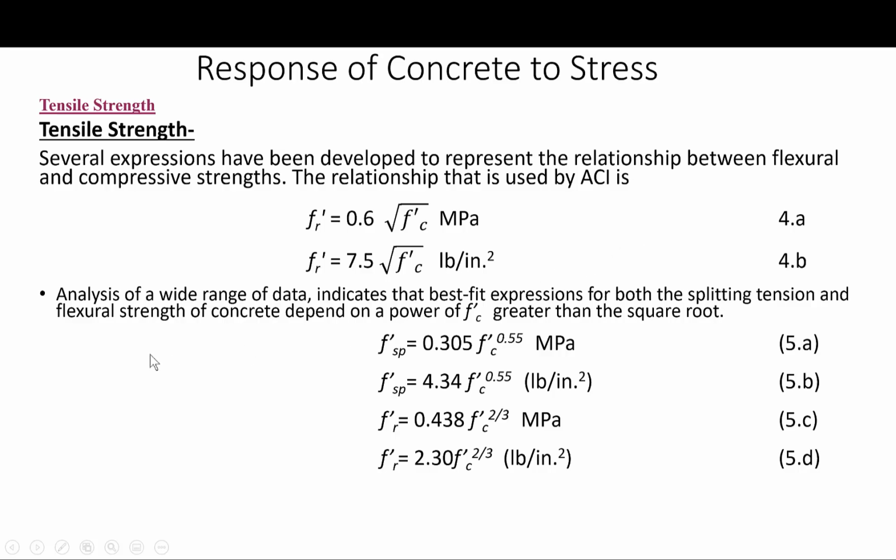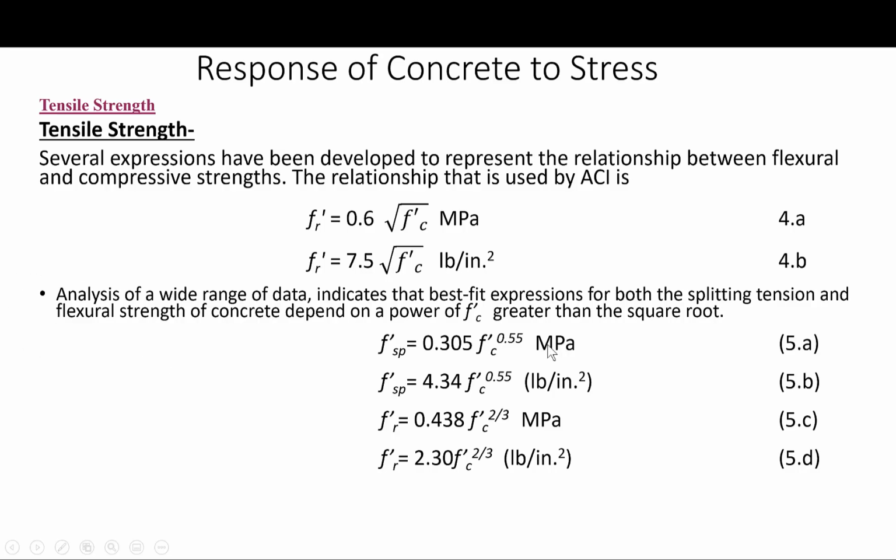Also, an analysis of a wide range of data indicates that the best fit expressions for both split cylinder tension and flexural strength of concrete depend on a power of the f'c that is greater than the square root, as you can see in equation 5. This is for the split cylinder test.